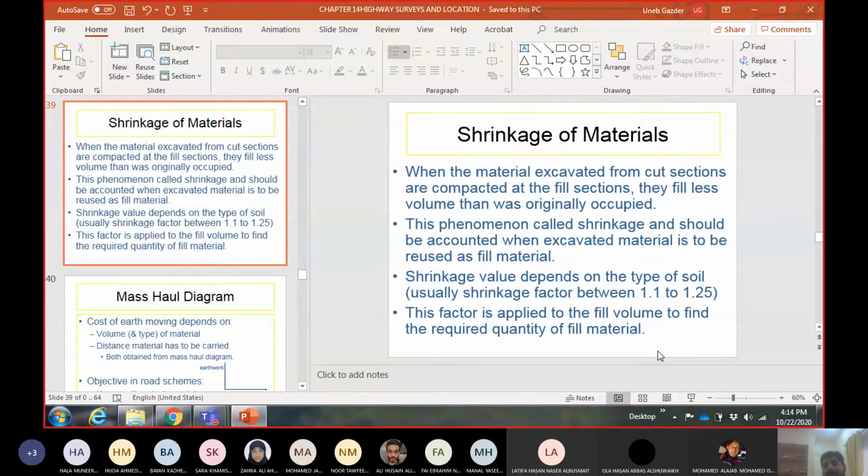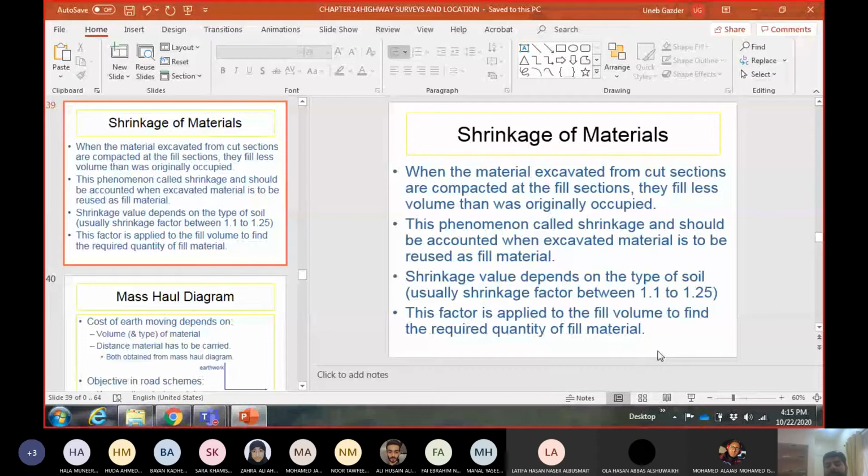You need to consider that the material will shrink after compaction, and I will need extra material to fill up the space of the shrunk material. The material which is brought on the site is normally brought in trucks or trolleys, and obviously in trucks and trolleys you cannot have material in compacted form, so it will always be loose material, and you will always have to add some extra quantity to allow for shrinkage after compaction.